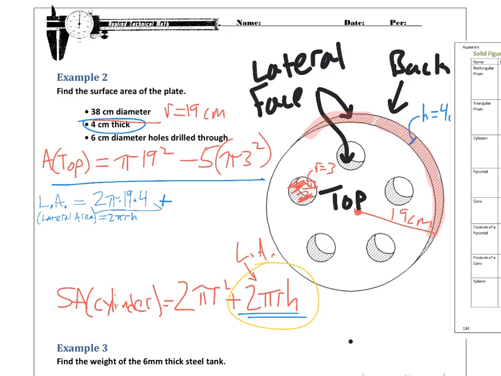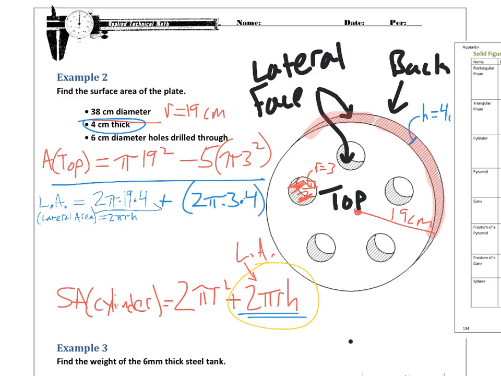That's something we have to paint. The inside of this circle is going to be the same formula, because it's like a rectangle wrapped around, like a soup can label. So 2 pi, and now the radius is 3, and the height is still 4.